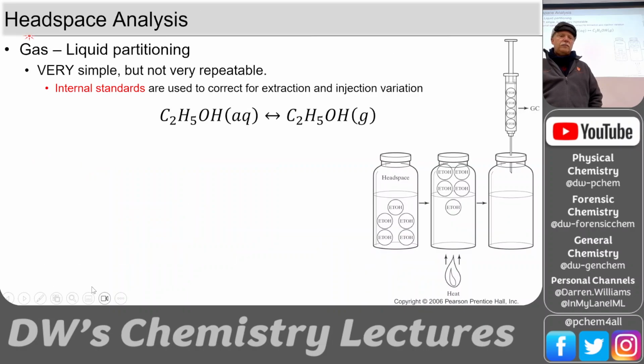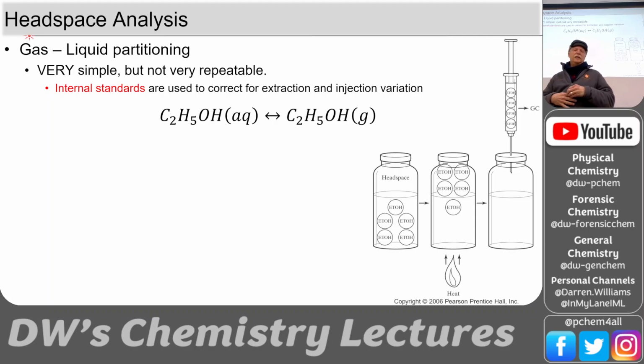So we also could use headspace and liquid to partition things. It's very simple, but when you're dumping whole chunks of gas into a GC, the injection is not as repeatable.